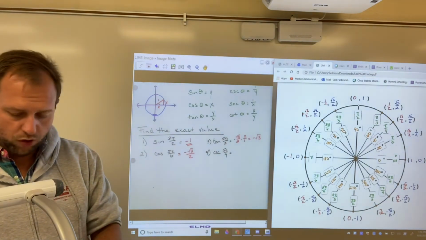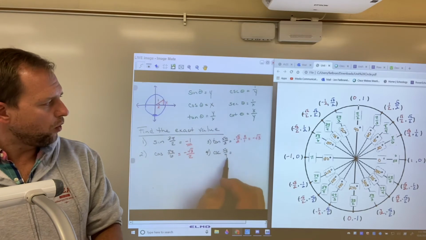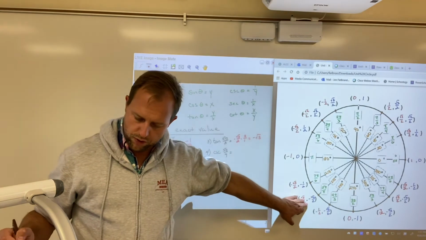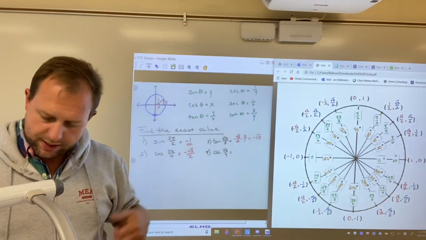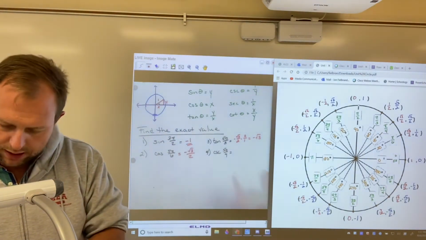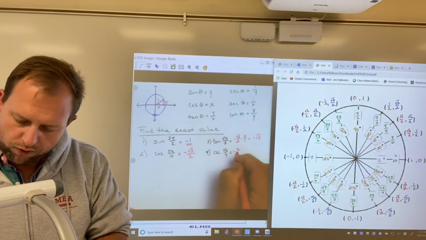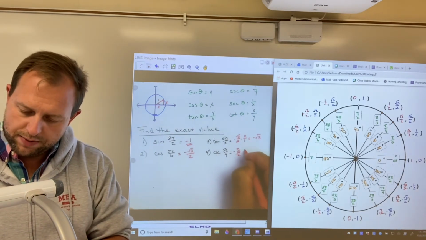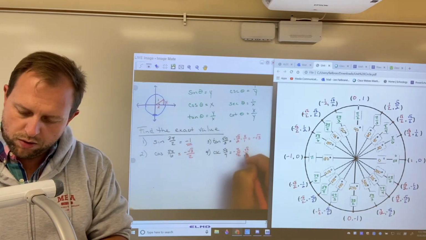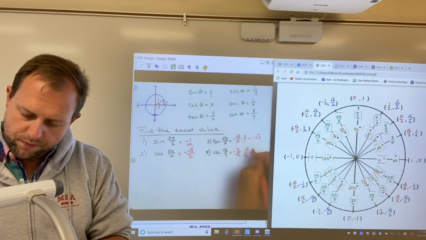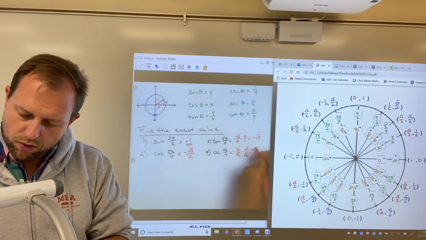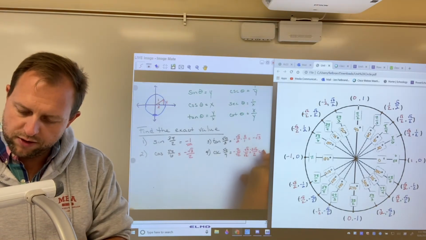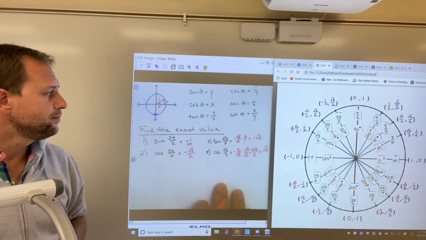The y for 5 pi over 4 is negative √2 over 2, so flipping that, we get negative 2 over √2, and we have to rationalize the denominator. Times top and bottom by √2 over √2, and we get negative 2√2 over 2. The 2's will cancel, it's just negative √2.